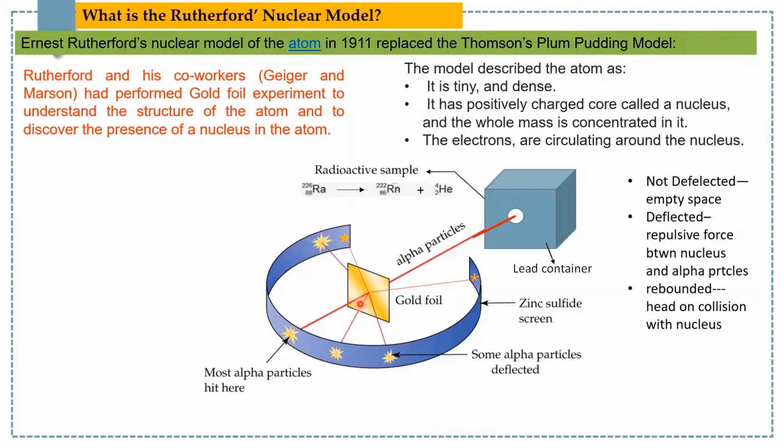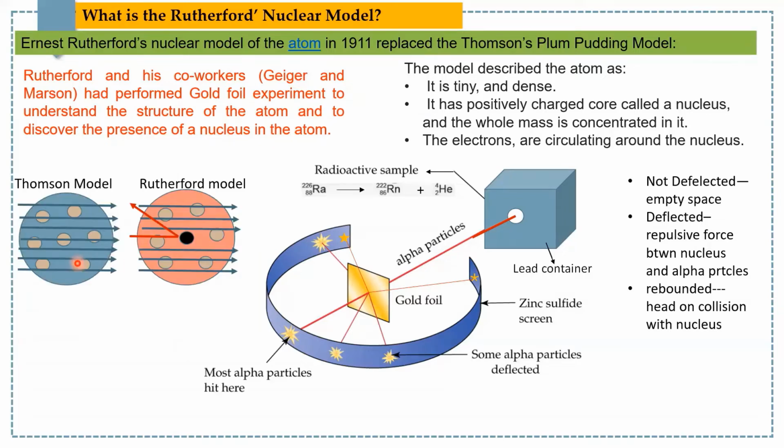These results prove that the plum pudding model is not correct, because based on the Thomson model, there is nothing dense or heavy inside the gold atom to deflect the alpha particles. Hence, alpha particles will pass straight through the foil and hit the fluorescent screen. But Rutherford observed that alpha particles were deflected by small angles and rebounded back at the same angle as well.